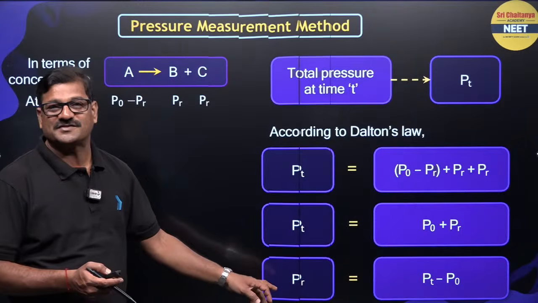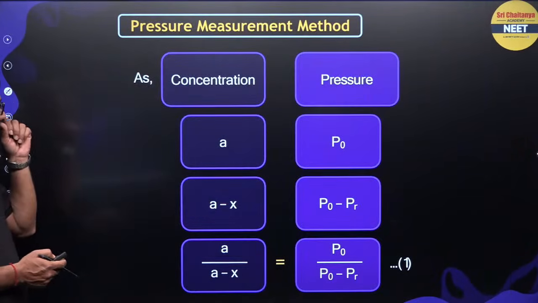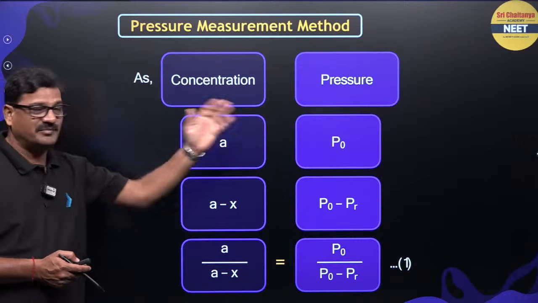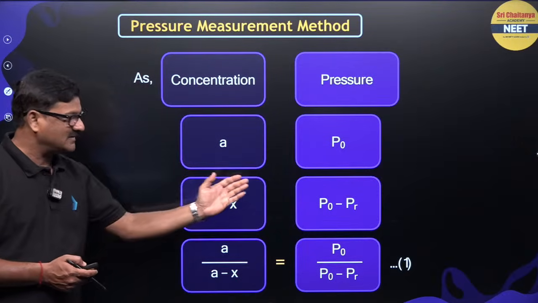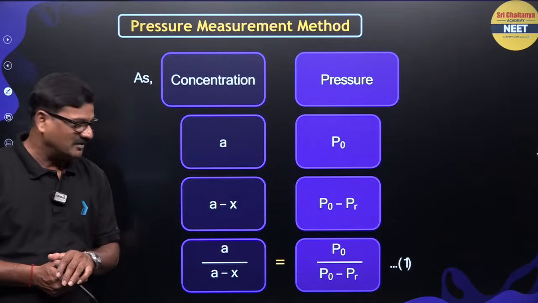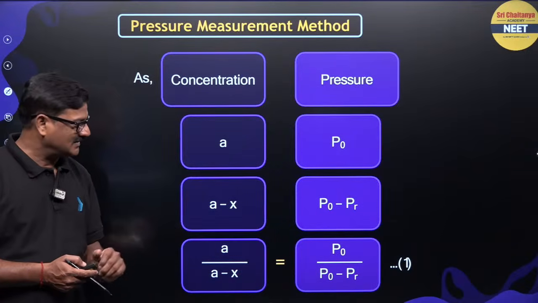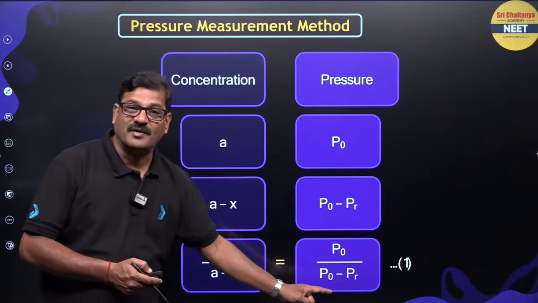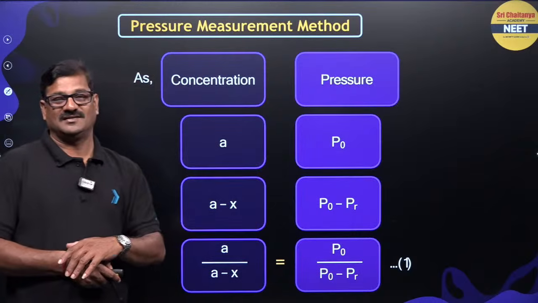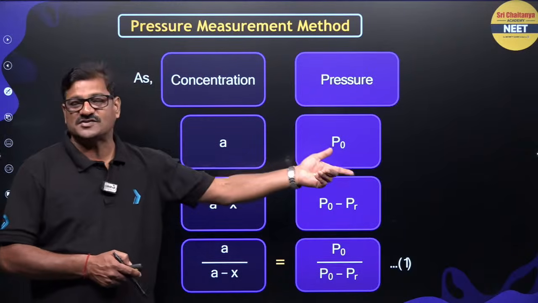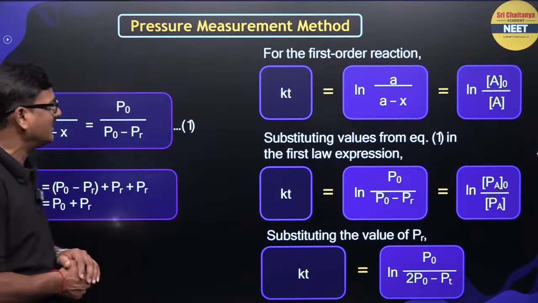Put that in the first order kinetics, and you can calculate the concentration and the pressure. A becomes P naught, A minus X becomes P naught minus PR. A by A minus X is equal to P naught upon P naught minus PR. Put that directly into the first order kinetics equation. What is the first order kinetic equation?